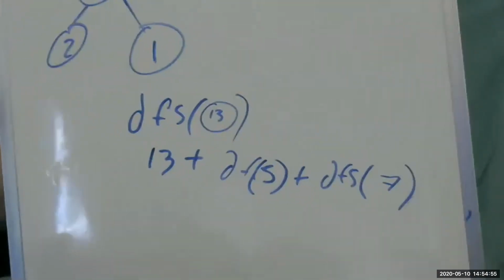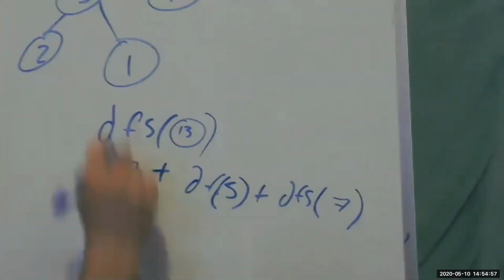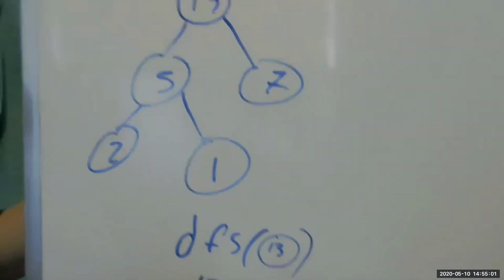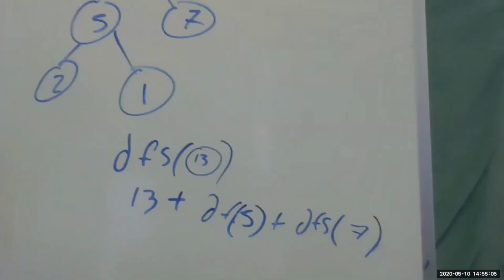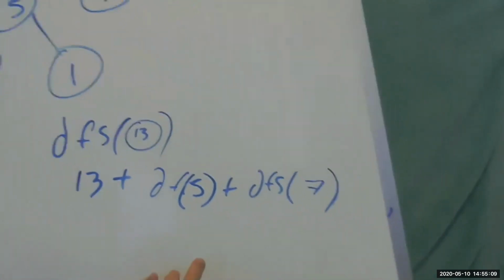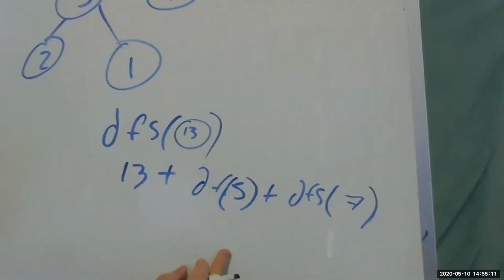So from here, we have the 5 node, and this has to be evaluated. We have to go down this rabbit hole of this function call.